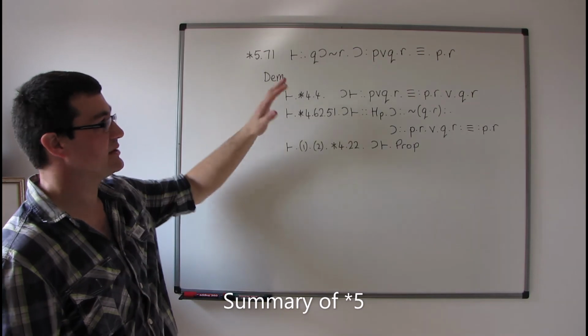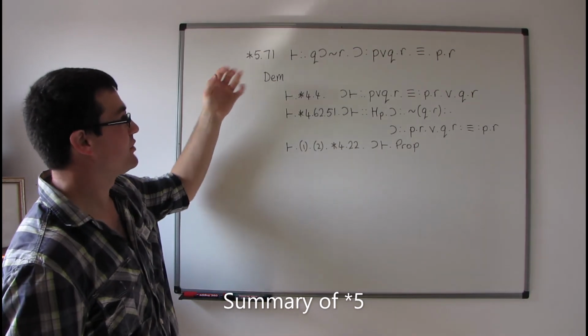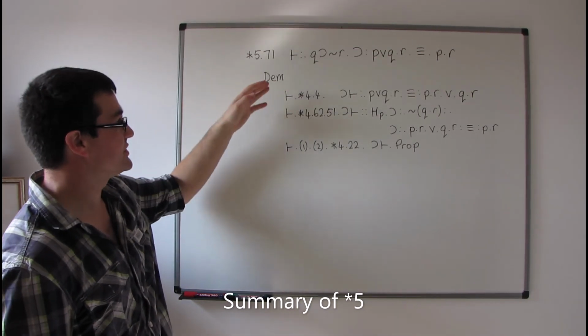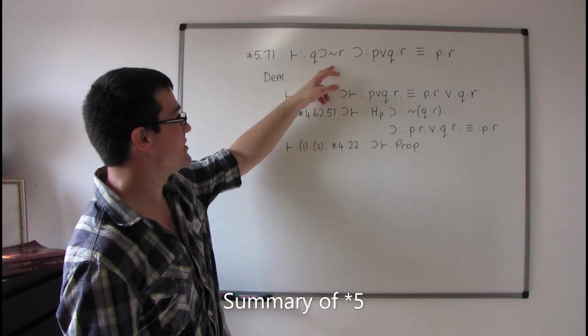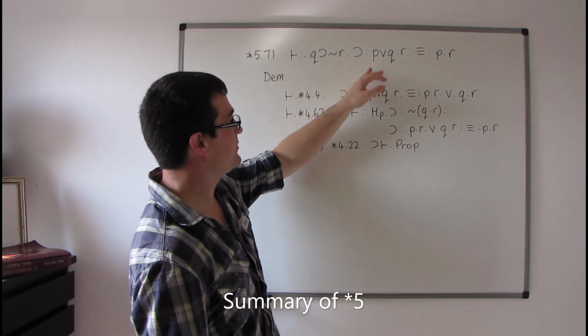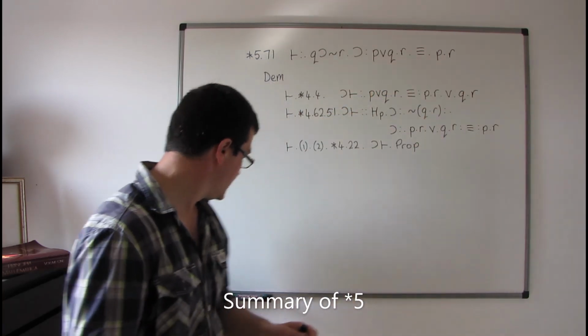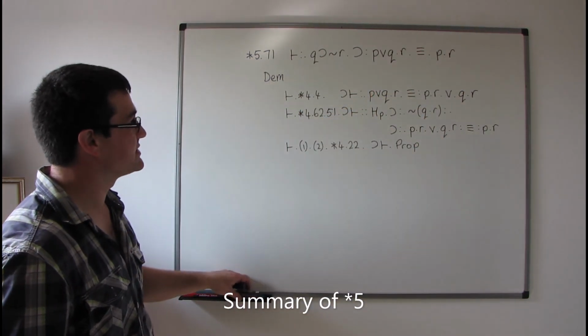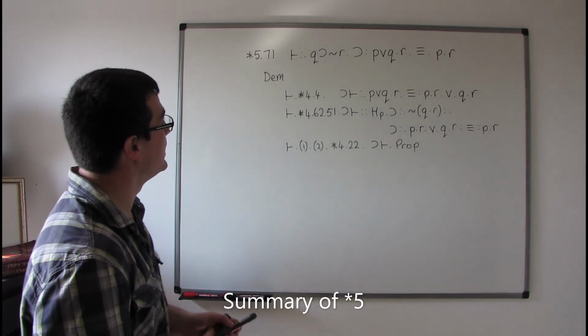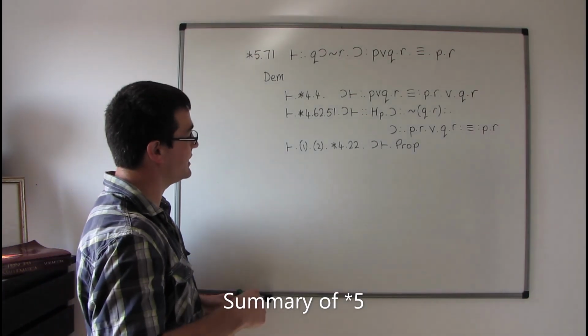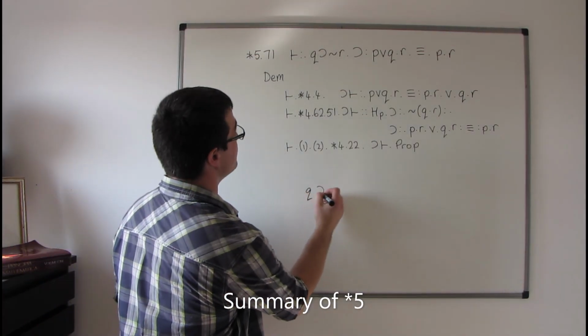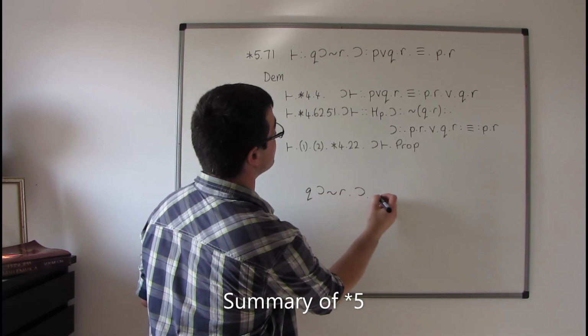So there's nothing particularly important about this proposition, but just so that you know, it says Q implies not R implies P or Q and R is equivalent to P and R. And just so that we know how the brackets are working here, I'll just write it out again. Q not R.